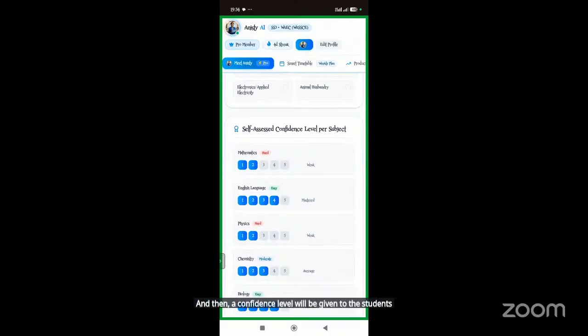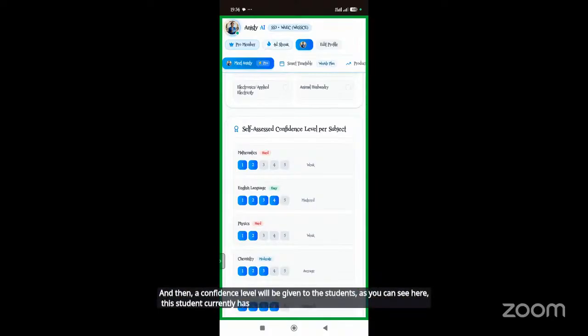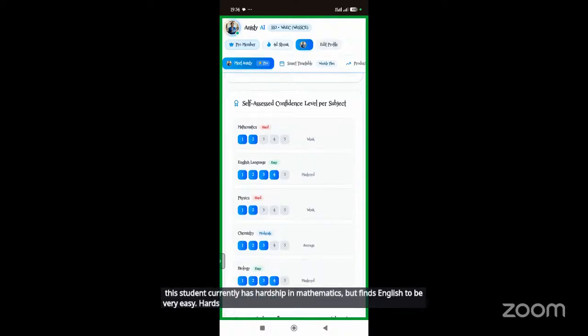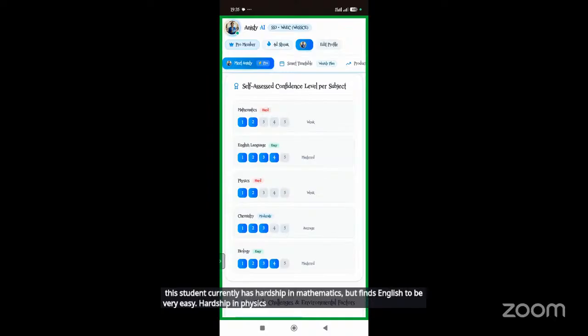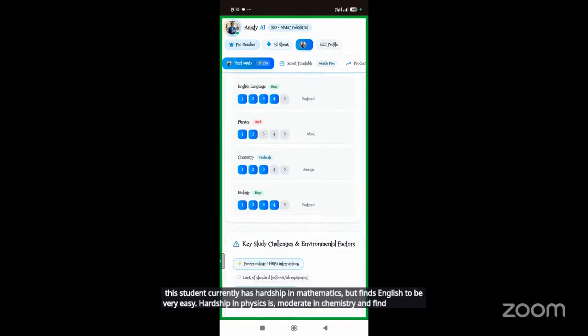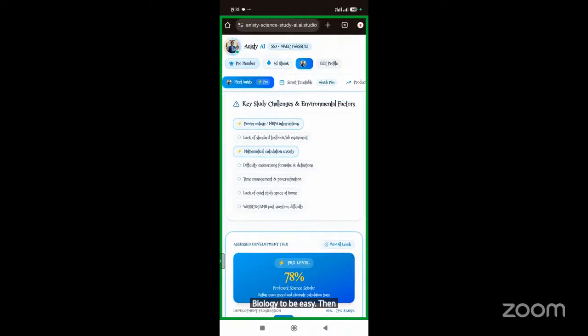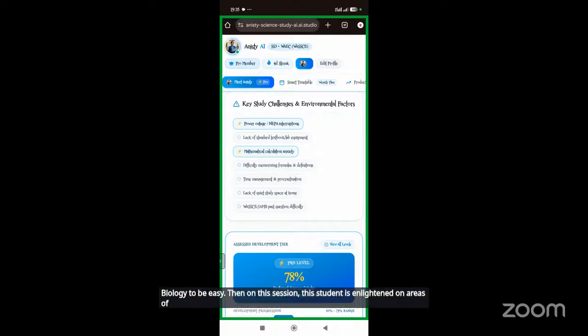As you can see here, this student currently has hardship in mathematics, but finds English to be very easy, has hardship in physics, is moderate in chemistry, and finds biology to be easy. In this session, the student is enlightened on areas of challenges and problems that he or she would face.